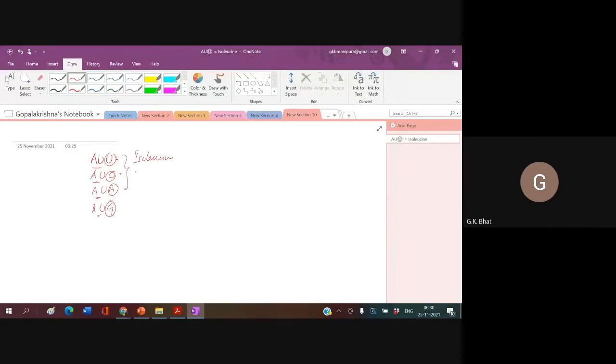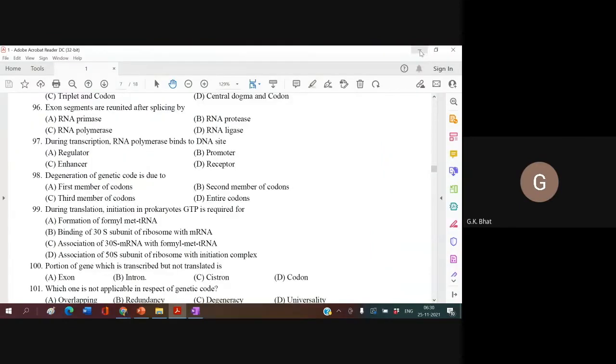All these code for isoleucine. These code for methionine. Okay. The answer for question 98 is C. 99? Pratyuraj. C, sir. C. Right. 100.